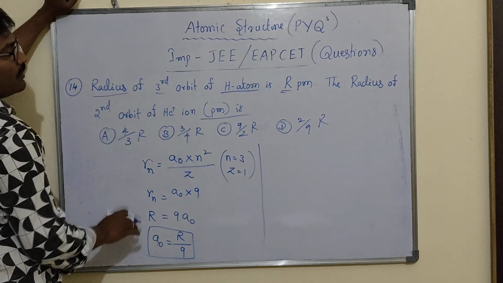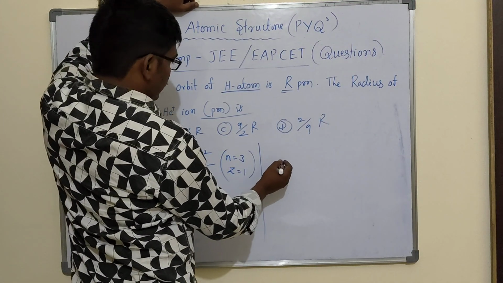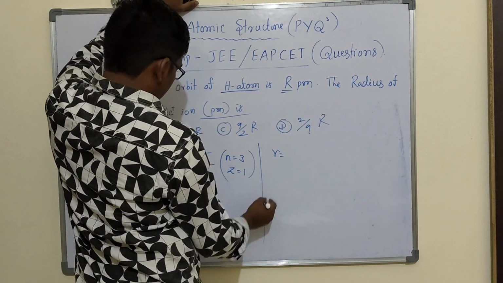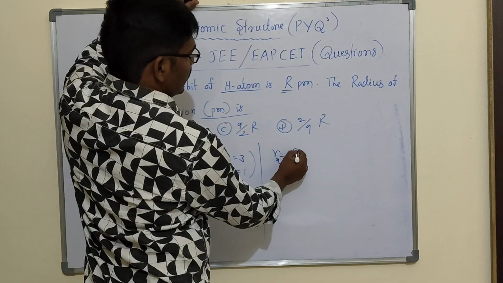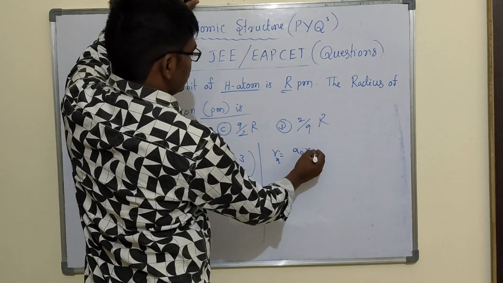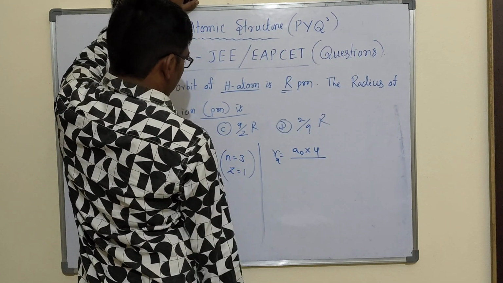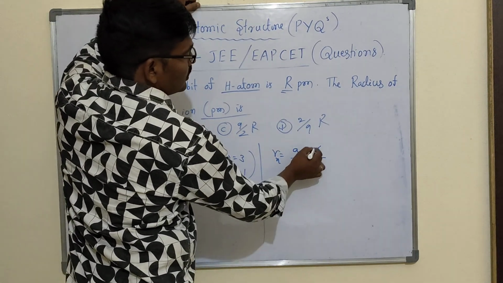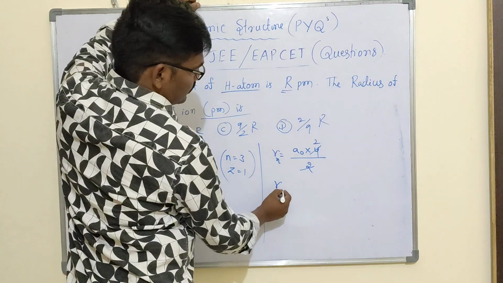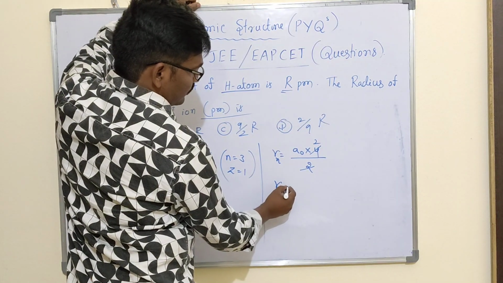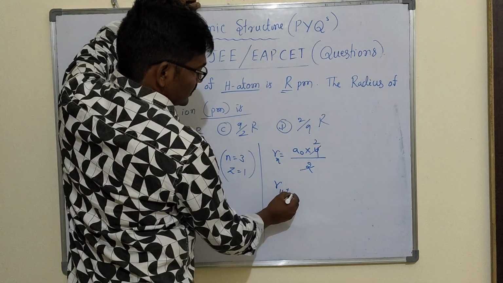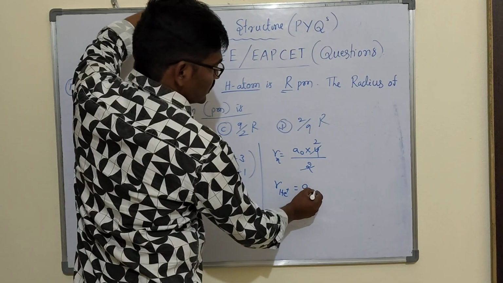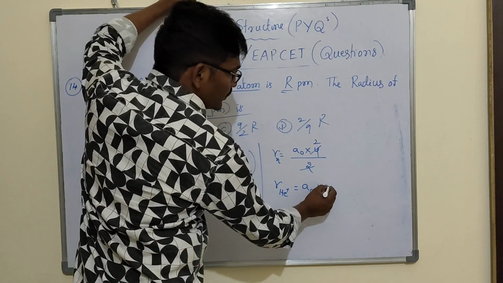So next, the second orbit of helium atom. For the second orbit of helium, radius of nth orbit is equal to a naught into n square, second orbit 4, divided by z, helium atom 2, right? So 2 1s are 2, 2 2s are 4. So the radius of the second orbit of helium plus ion is equal to a naught into 2.